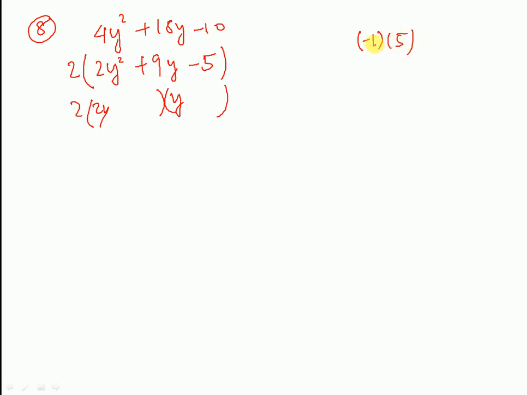We need to figure out which one goes where, because the two outside terms multiplied, added with the two inner terms, must give 9y for the middle term. So I must place 5 here and minus 1 here, because 5 times 2y gives me 10y, and y times minus 1 gives me minus y, and when they add together, I get back 9y. So this answer is the correct one, which is A.